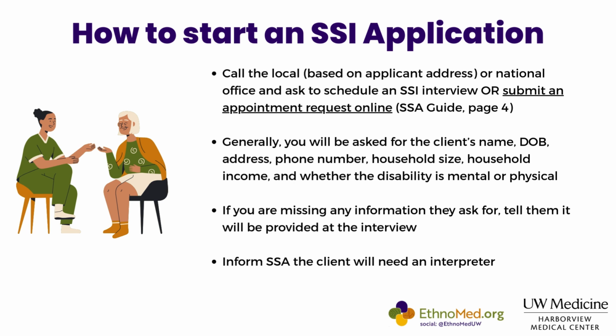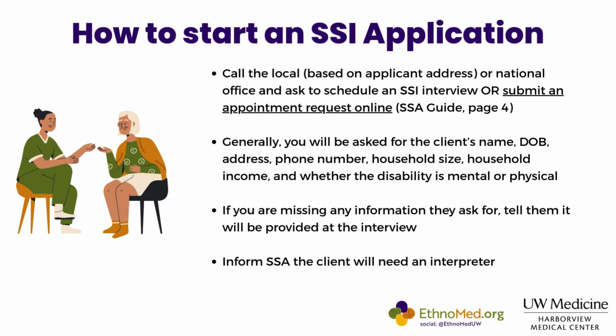That might be one reason that you would want to call directly and schedule the interview so that you are aware of the date and time and it's not missed. Otherwise, you can also just educate your client and make sure they let you know if they receive any mail that has this information in it.